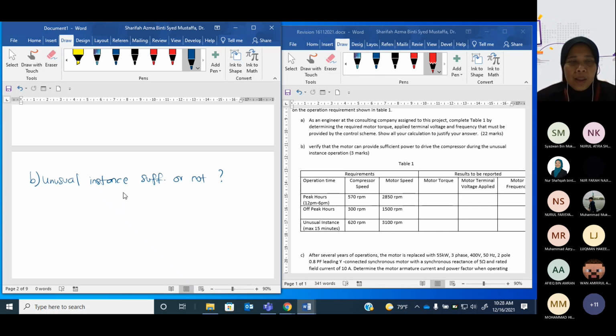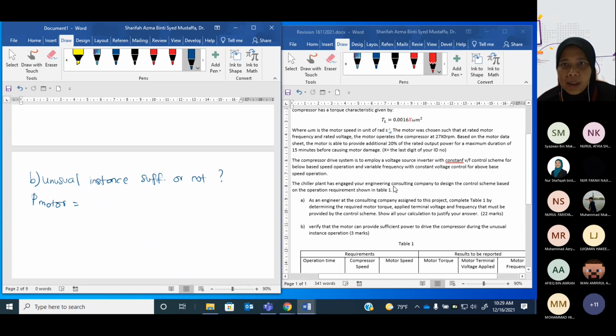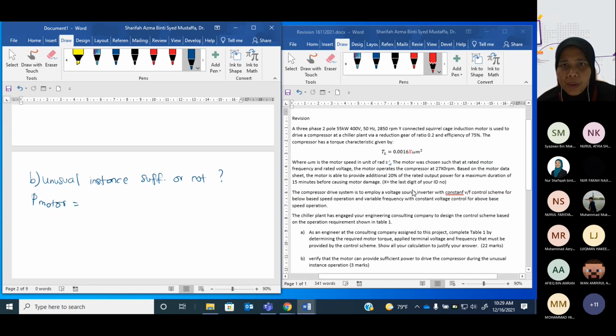Okay. You have to do a bit of comparison. Don't just answer sufficient or not. There must be a why. There must be a reason why it is sufficient or not. Okay, so what is P motor now at this instant? Looking at the question, it says based on the motor data sheet, the motor is able to provide an additional 20% of the rated output power for a maximum duration of 15 minutes before causing motor damage.